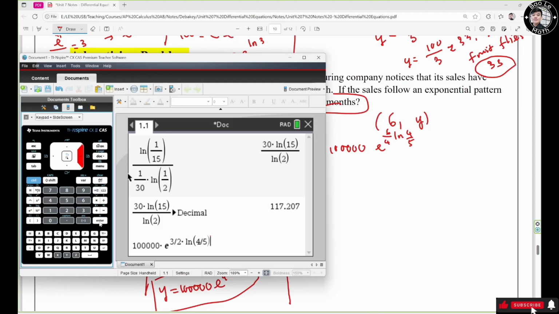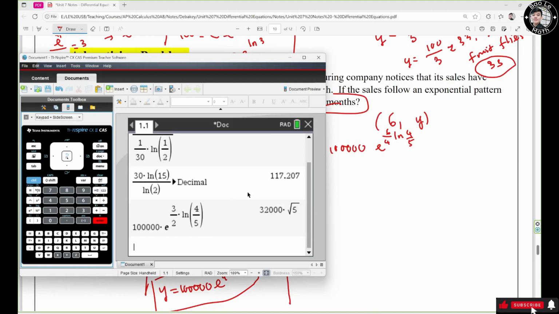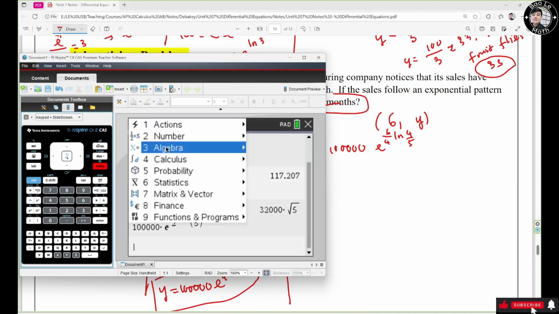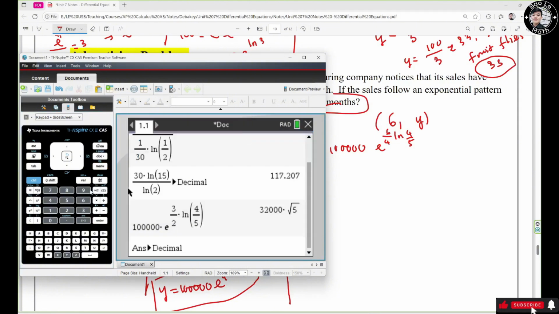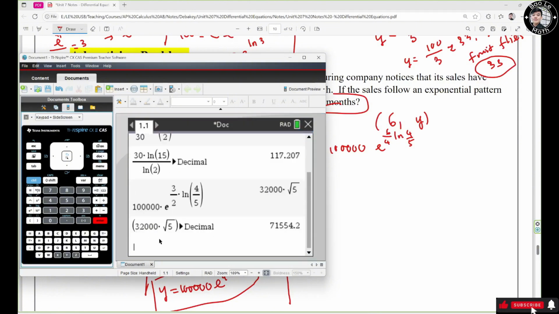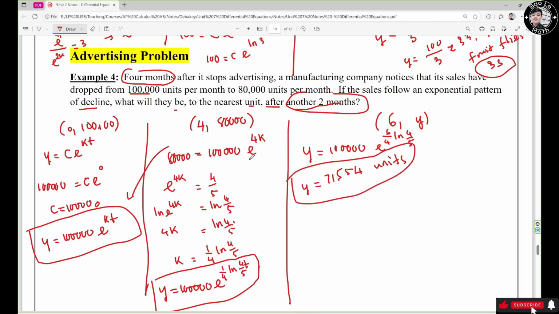Then you hit enter. Convert this one to decimal. So hit menu, number, convert to decimal, hit enter. The answer is 71,554, because you need to round to the nearest unit.